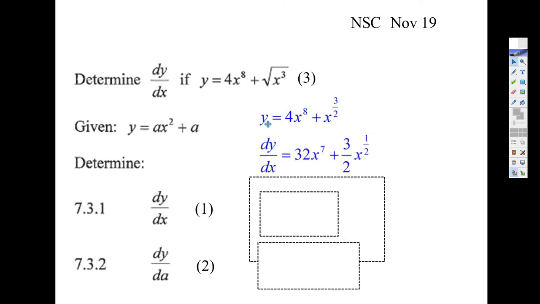The derivative of y with respect to x is 8 times 4 is 32, and 8 minus 1 is 7. And that's all there is to it, 32x to the 7. And then 3 halves times 1 is 3 halves, x, and then 3 halves minus 1 is a half. And that's all there is to it.